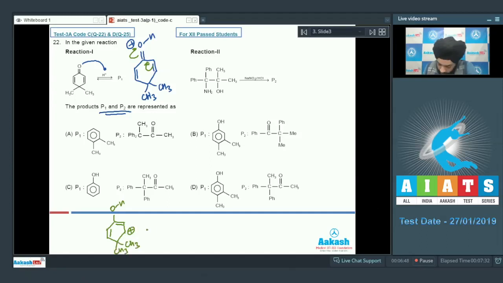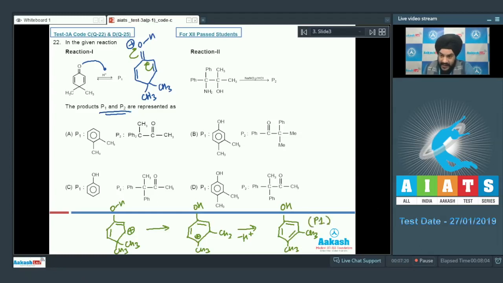In the next step, we're going to have a methyl shift, which is the rearrangement step of the carbocation. And in the last step, we are going to have the loss of a proton, because in that case, we'll have aromaticity in the structure. So this is the major product P1 which is formed in the reaction 1.